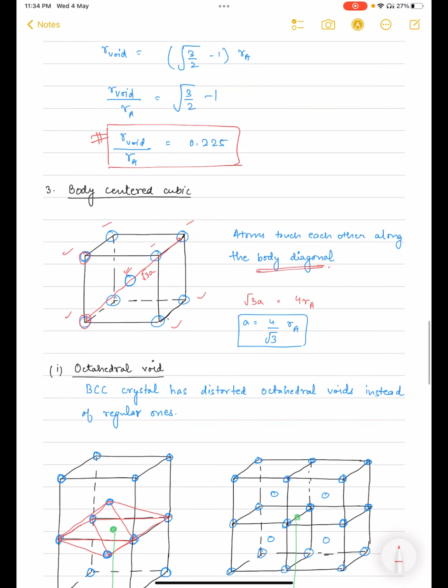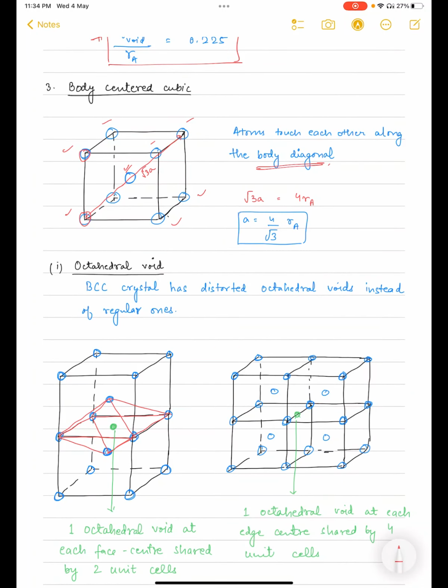If we see the projection of the body diagonal, it has one complete atom and two half atoms. So this is RA, this is 2RA, and this is RA again. So root 3 A is equal to 4RA.